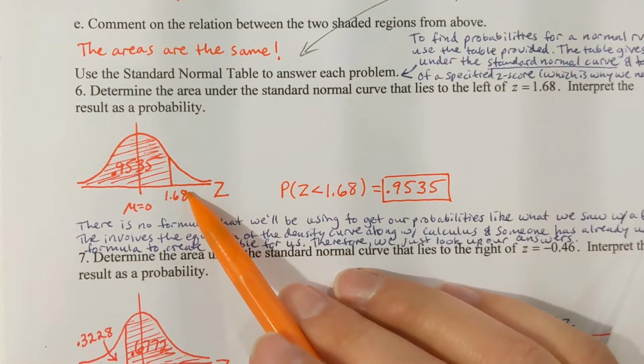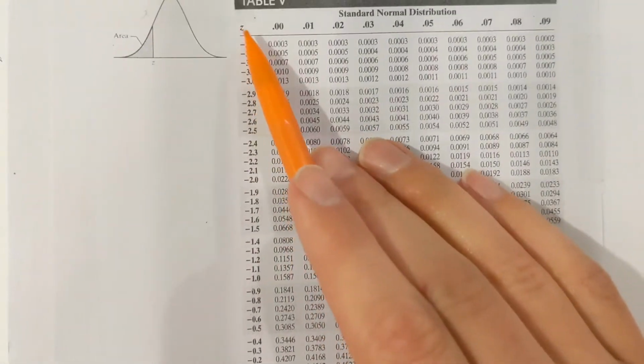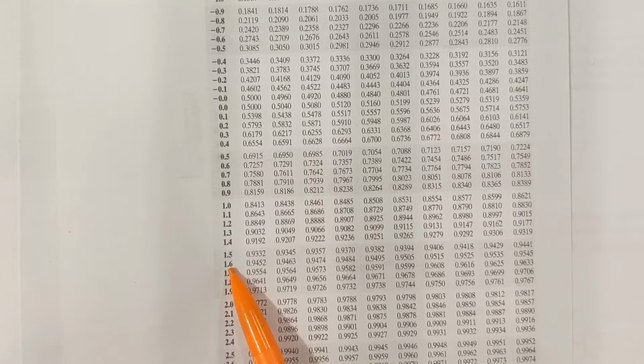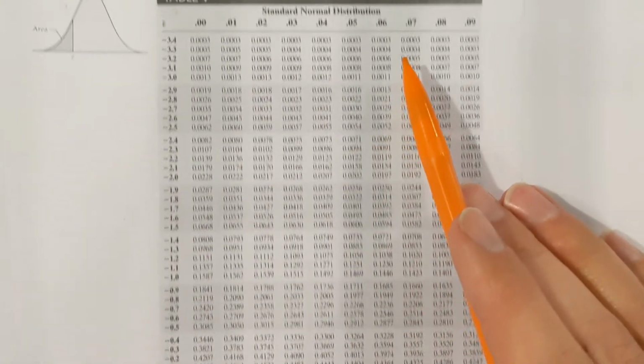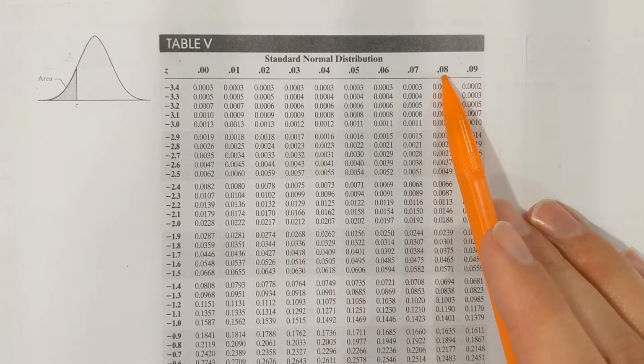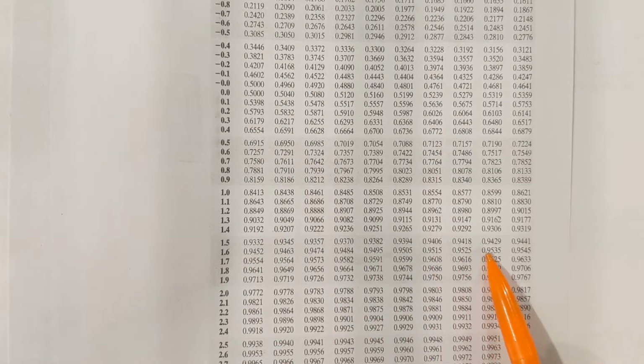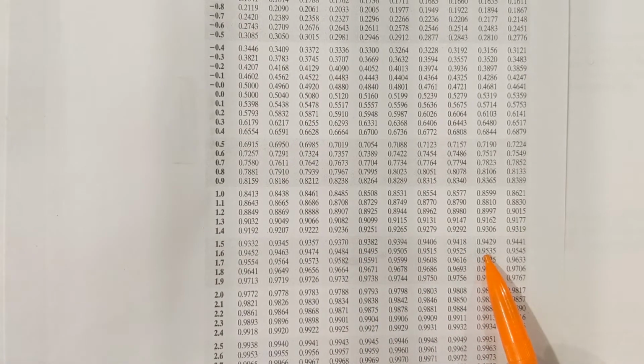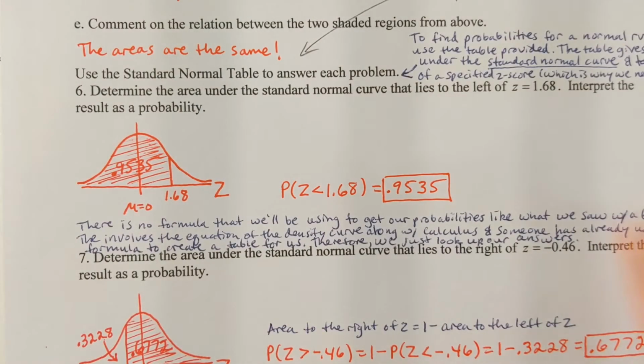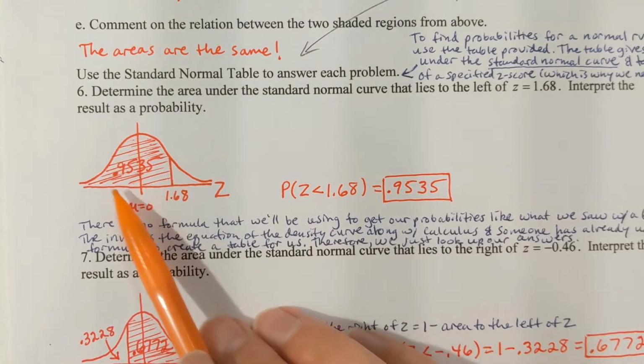So for this problem, I'm going to omit the 8, and I'm going to scan down the leftmost column until I find 1.6, and I'm going to match that with the column for 0.08, since 8 was the rightmost digit in the number I had. If I match up the row for 1.6 and the column for 0.08, I'm getting 0.9535. So that number, 0.9535, would be my answer.